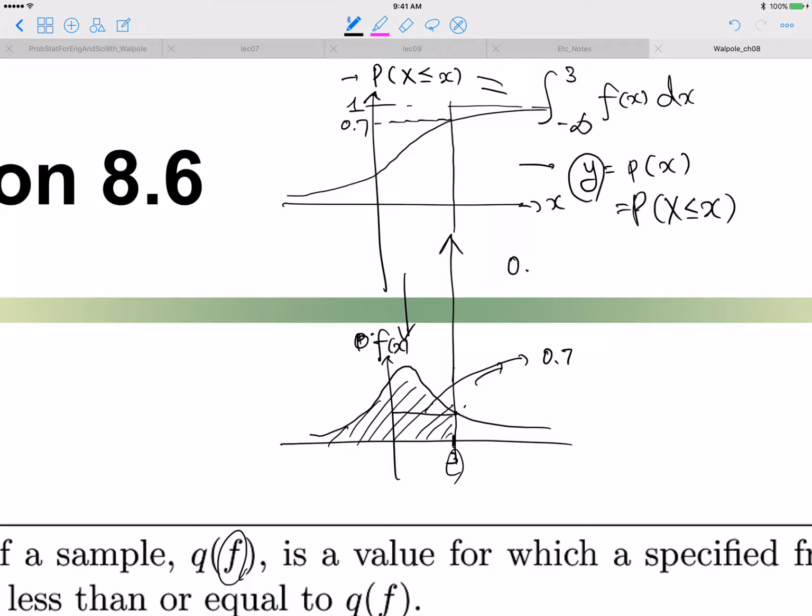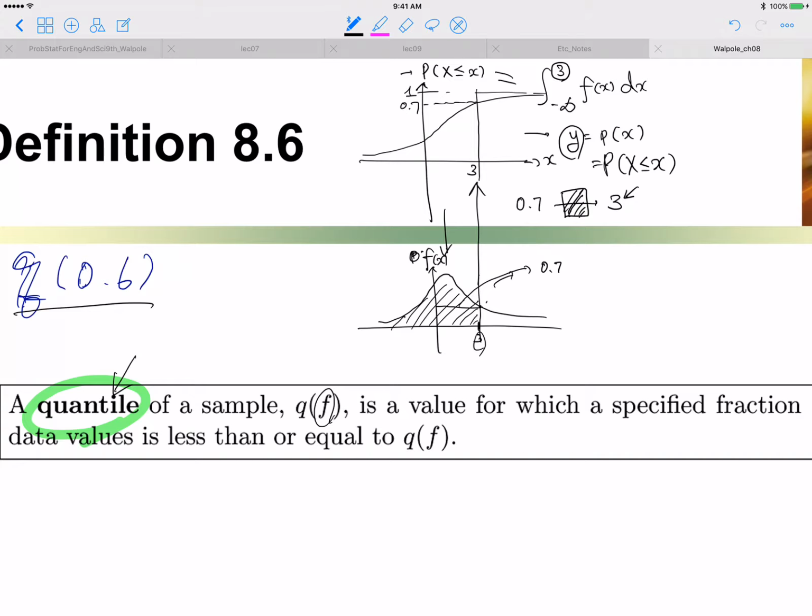What if we give an input value of 0.7, and then our new function will give the x value, the corresponding value of x, which corresponds to this value. Okay, so this function is what we call the quantile.